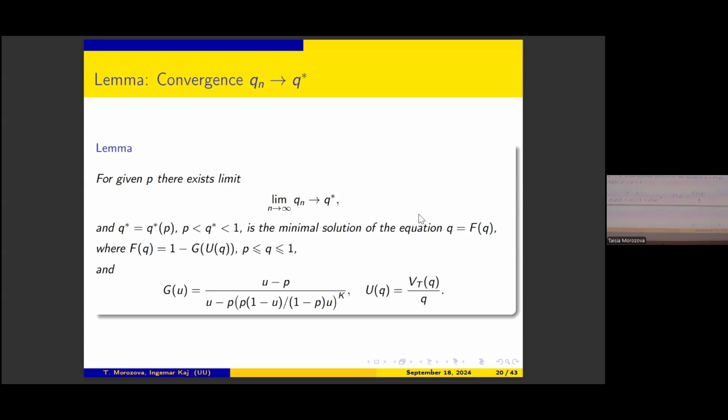This crossing might happen more than once, I think, but we are only interested in the first time it happens, because we might have a few solutions, but we always choose the minimal solution. And the minimal solution, the first time it happens, is what we call our Q star.